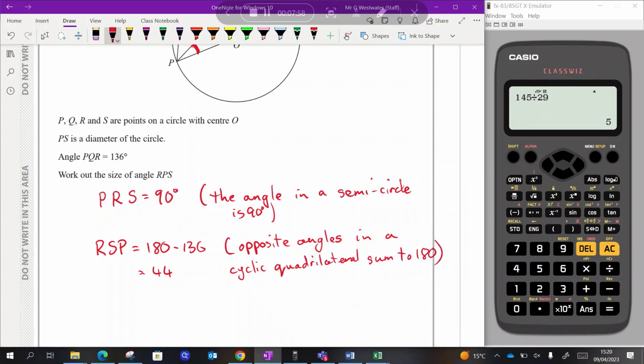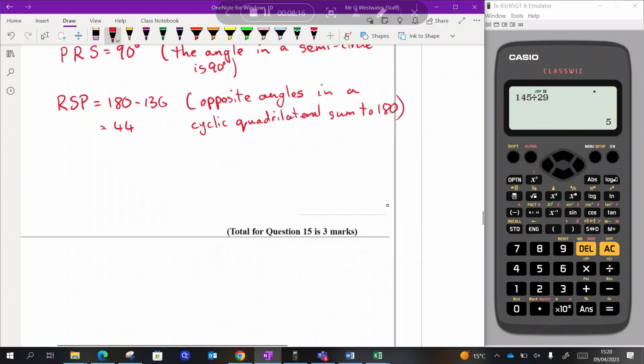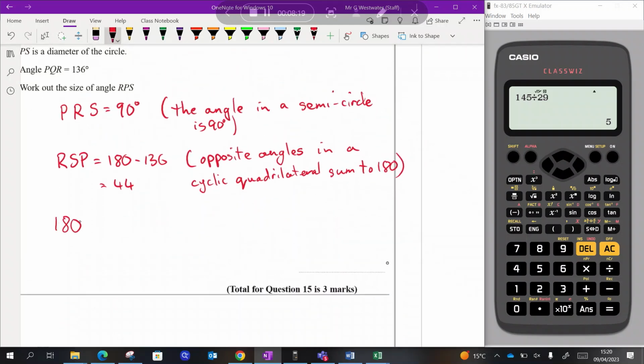Okay, now, still haven't answered it because I need to work out what this is. So 90 add 44 is 134, leaving me with 46. So 180 minus 90 minus 44 equals 46. So this angle must be 46 degrees. Okay.